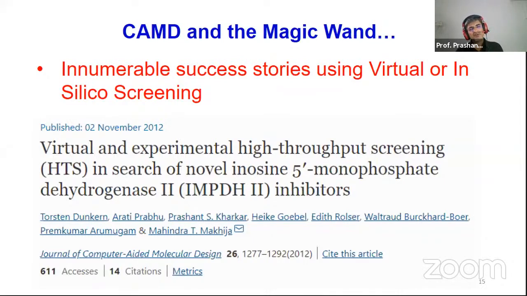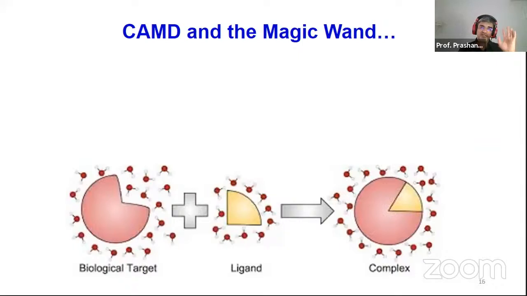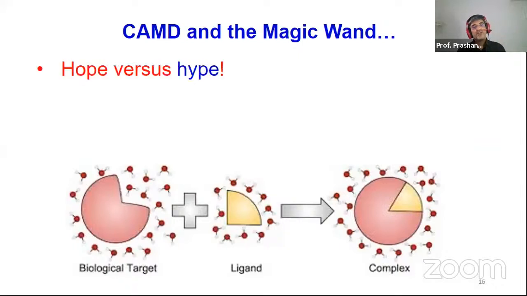In fact, this particular target, IMPDH2, is a difficult nut to crack. We actually burnt our fingers discovering molecules for this. I still work on this target, and we have got a lot of different molecules acting on a variety of IMPDH enzymes, like from human, from mycobacteria, from H. pylori.